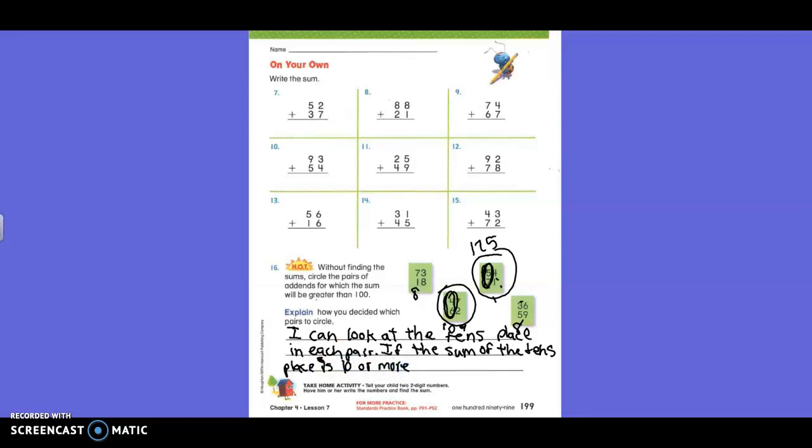The tens place is 10 or more. Hold on. I would circle those added. That's quite a lot to write, so those. T-H-O-S-E. I would circle those added.